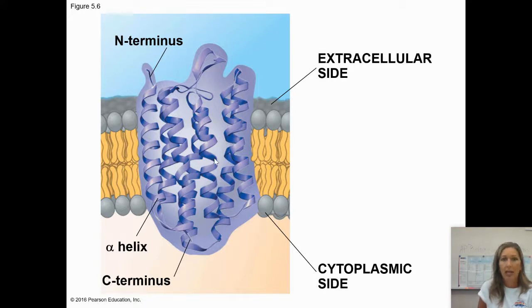This could be a sodium potassium pump. We're not sure. It could be an aquaporin. But when we have molecules that can't freely pass, there have to be these integral proteins that are allowing molecules to move in and out of the cell. Again, leading to that concept that plasma membranes are selectively permeable.